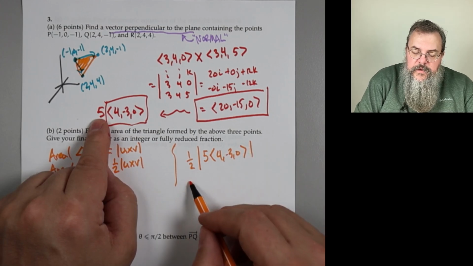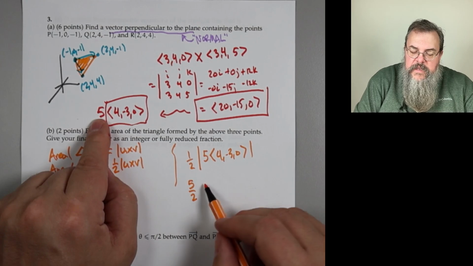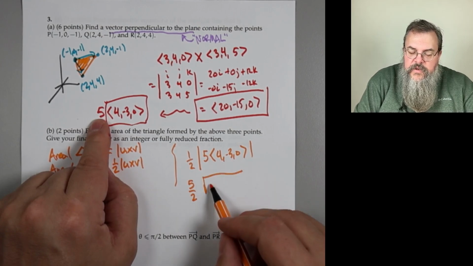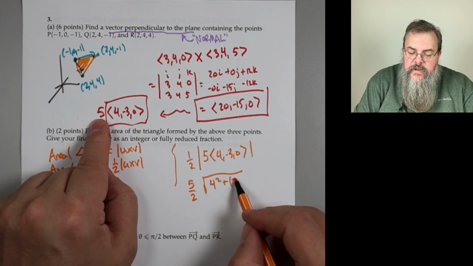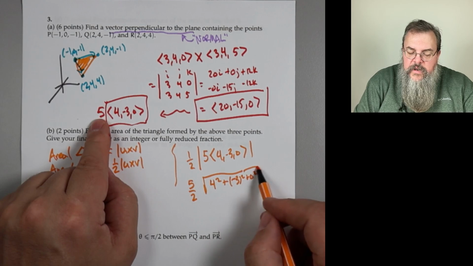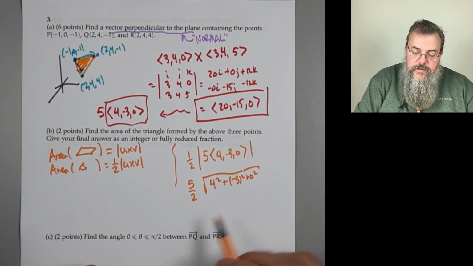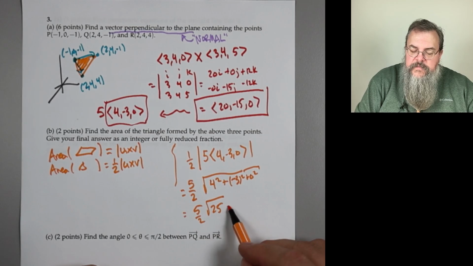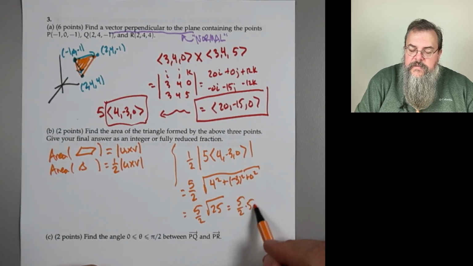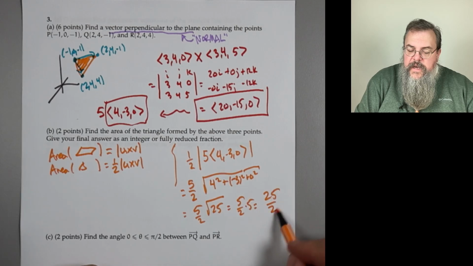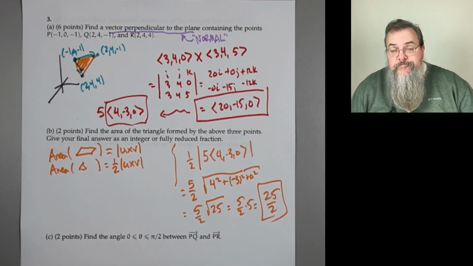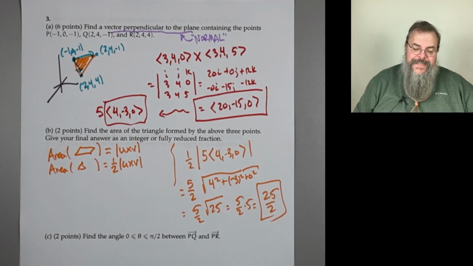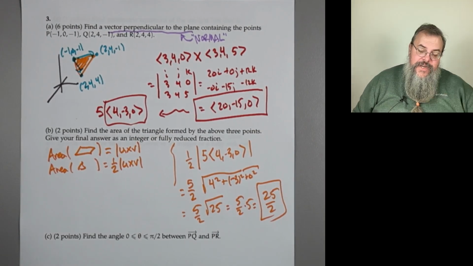Now the 5 just goes out, 5 halves, and then take the magnitude: square root of 4 squared, negative 3 squared, and 0 squared. Well, 16 plus 9 is 25, and so we say, okay, 5 halves, square root of 25, which is 5, so that's 5 halves times 5, that's 25 halves. And there we go. That's the area of the triangle.